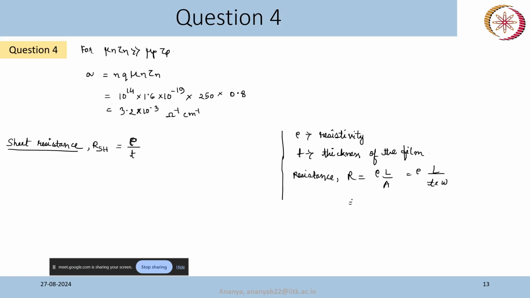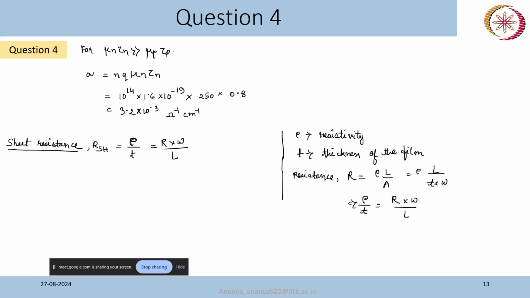Okay, so rho by T is equal to R into W by L. So another expression of sheet resistance is R into W by L. So if in your question the R value, W and L are given, then you can calculate sheet resistance, and if the thickness is given, you can calculate rho and then also calculate the sheet resistance value.